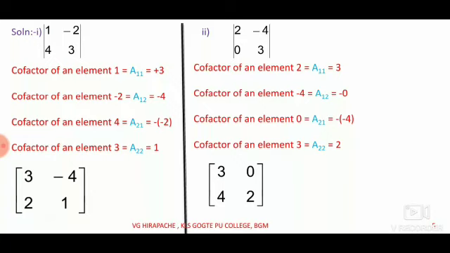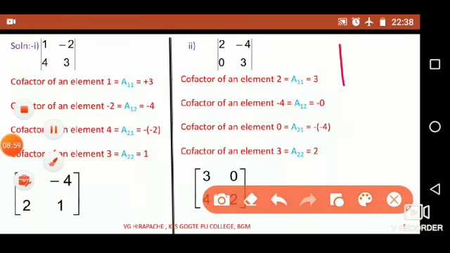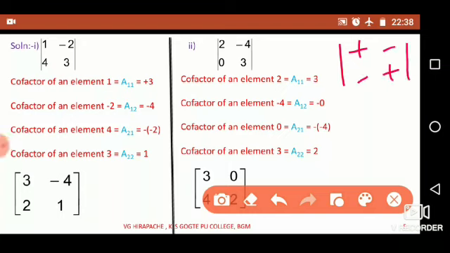In earlier video, we have observed that the sign conventions for the second order is plus, minus, minus, plus. And for third order, we have the sign conventions plus, minus, plus, minus, plus, minus, plus, minus, plus. With the help of these sign conventions, we are able to write the cofactors of each element of a given determinant or a matrix. Now let me begin with the first example.